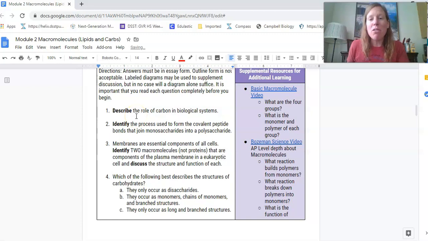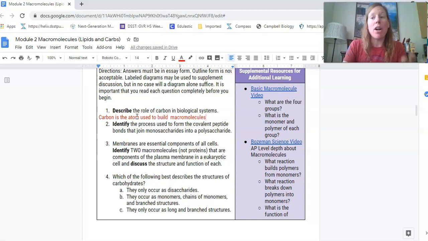Okay, so describe the role of carbon in biological systems. So carbon is an atom, we know that, and it is actually used, right, as the atom to build macromolecules. So carbon is the atom used to build macromolecules.